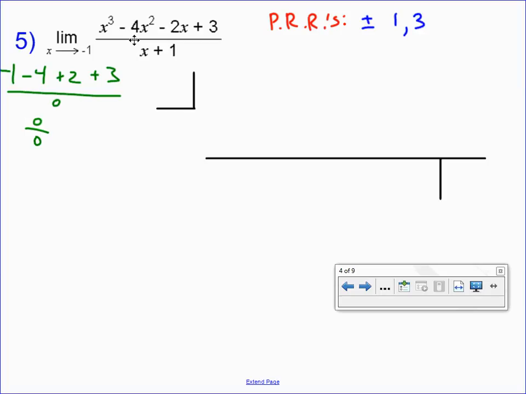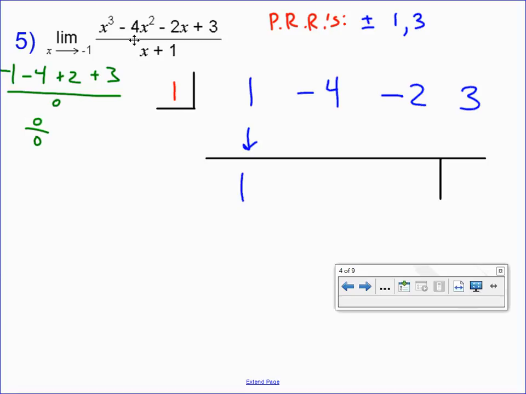Leading coefficient is 1, so that's just 1. So it looks like I can try 1, -1, 3, and -3. So I'll go ahead and choose 1 to try. Let's try 1. And we know that I copy my coefficients over for my cubic, so it looks like 1x cubed minus 4x squared minus 2x, and then plus 3.